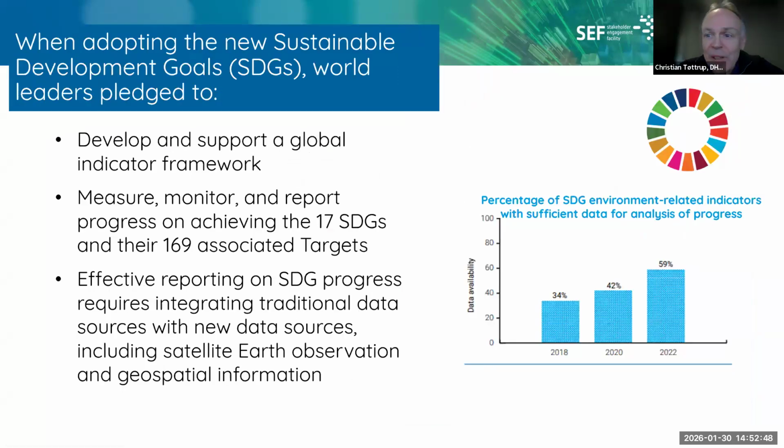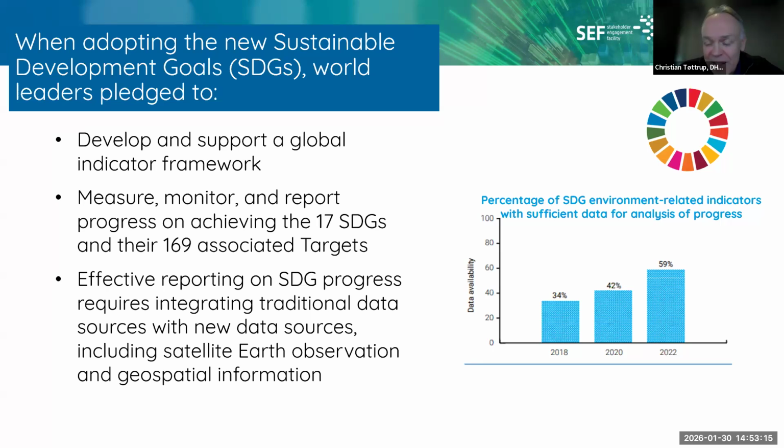And again, just reminding about the history of the SDGs, which was an indicator framework that was developed back in, I think, 2016 or 17. Basically under this framework, countries committed to measure, monitor, and report progress on 17 targets and more than 150 indicators.